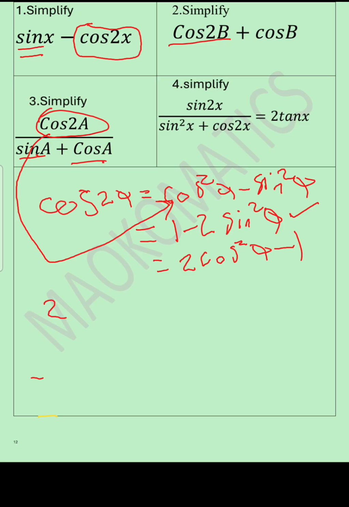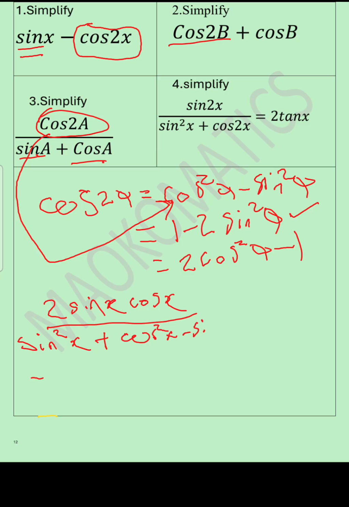So this is 2 sine x cos x over sine squared x plus cos squared x minus sine squared x is our left hand side.